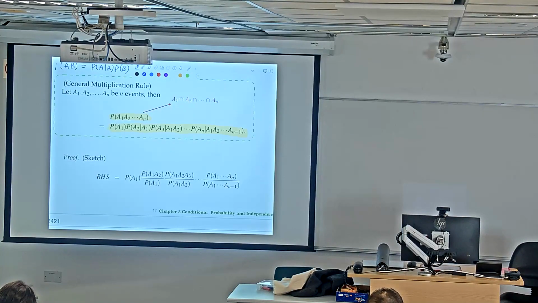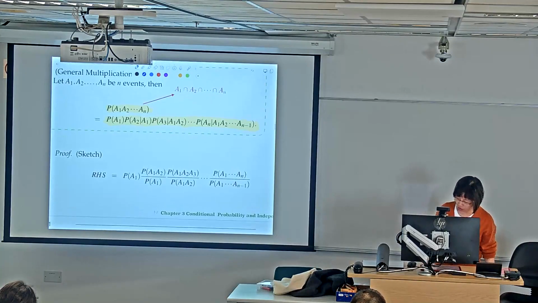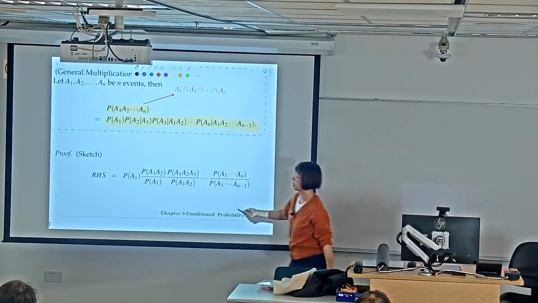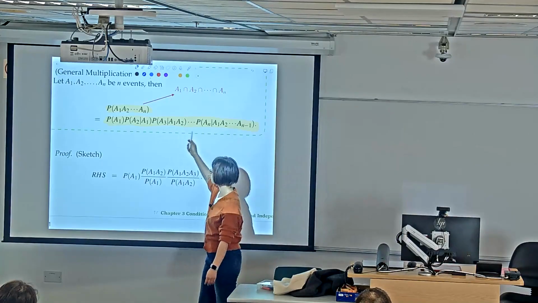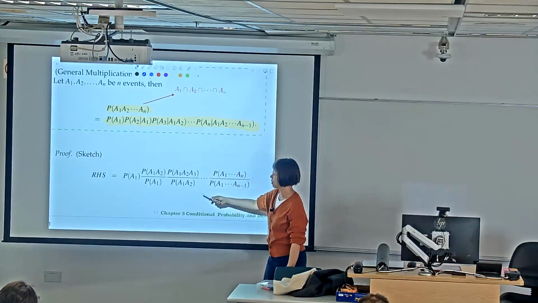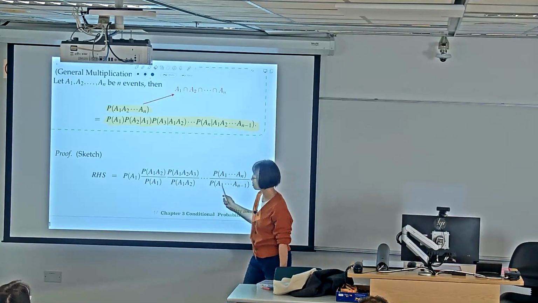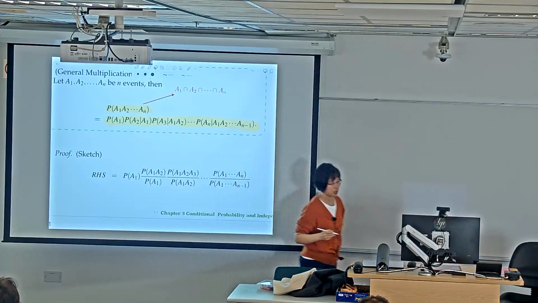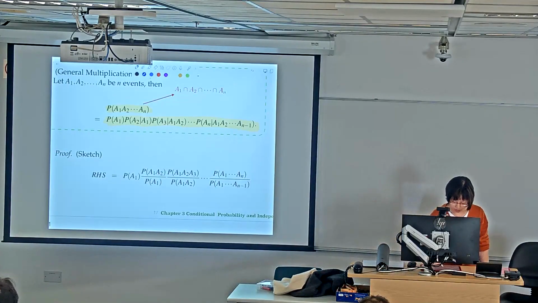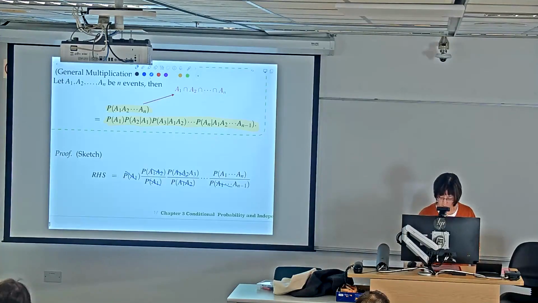You can start from the right-hand side and use the conditional probability definition, writing every conditional probability in terms of its definition. You get these multiplied together, and you will see lots of cancellations. The denominator cancels with the numerator in the expression ahead of it. So in the end, you're left with one term.